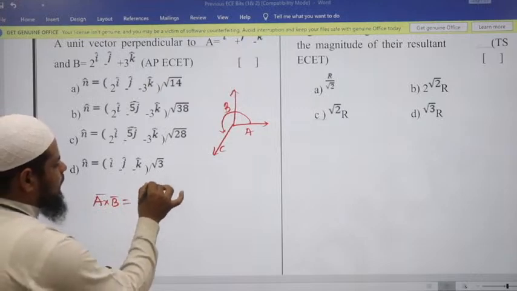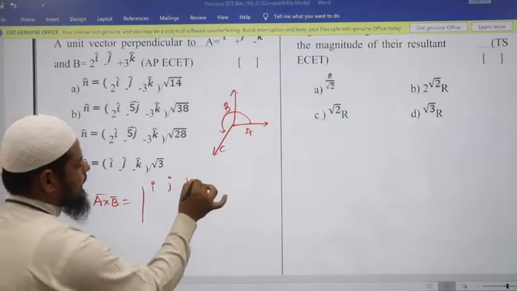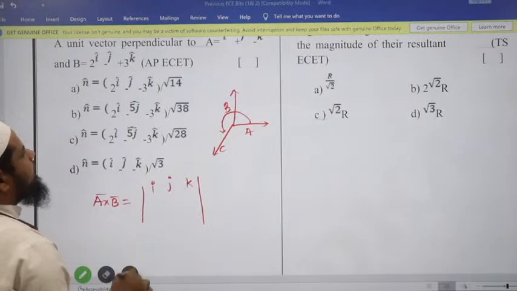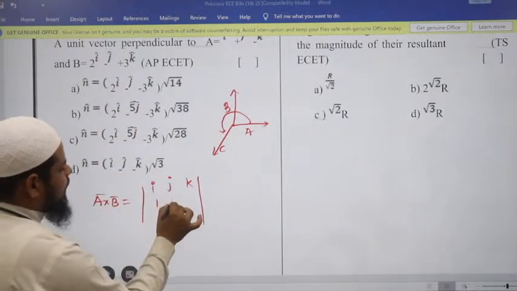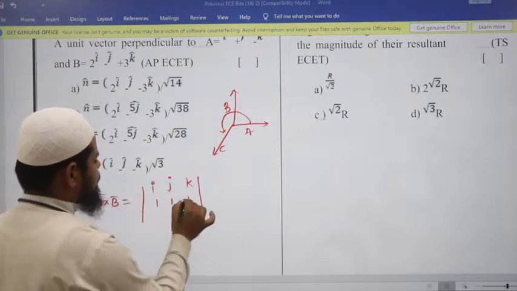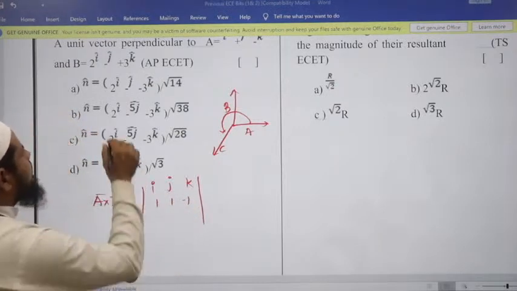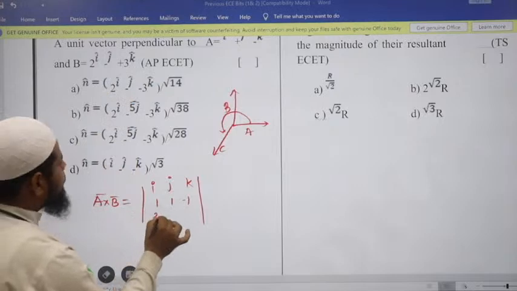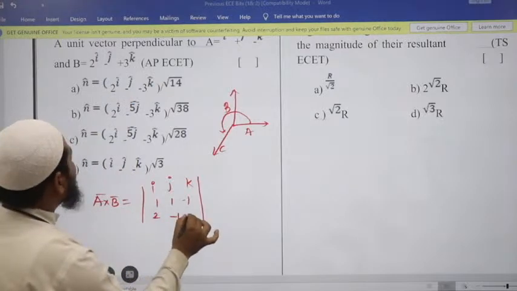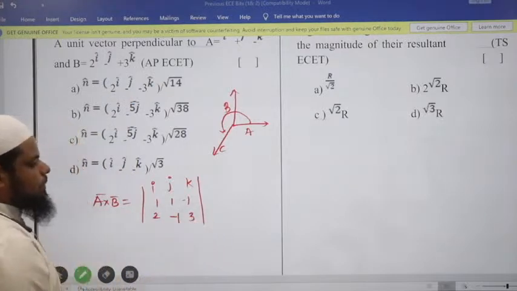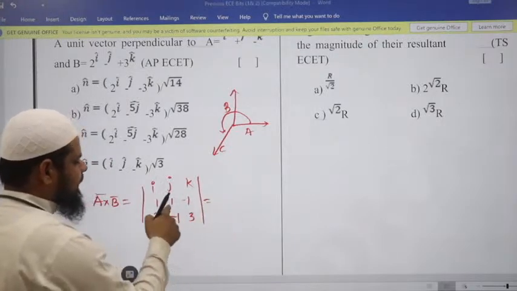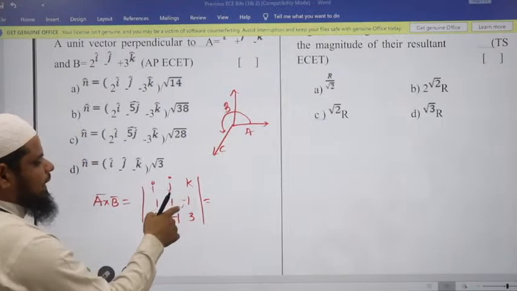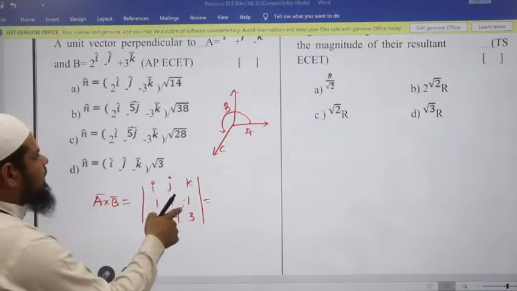Example, cross product I, J, K, and then, what are our vectors here? 1, 1, minus 1, and the other one is 2, minus 1 and 3. Now, let us solve this one. So 3I plus I, 3 plus 1 is nothing but 4.